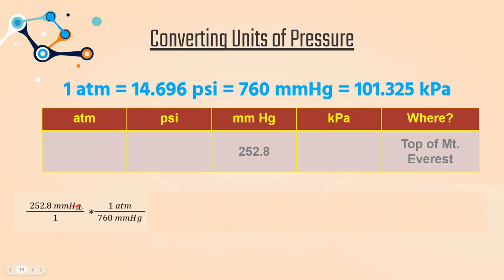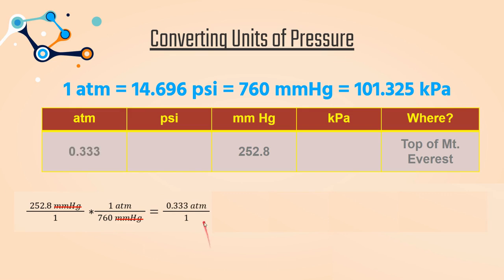Notice that I set this up so my millimeters of mercury cancel, and I'm left with ATM. And also notice that I use my relative equivalent values. 1 ATM is equal to 760 millimeters of mercury, so I set up my conversion as 1 ATM over 760 millimeters of mercury. The units of millimeters of mercury cancel, and we'd be left with 0.33 ATM as that pressure.